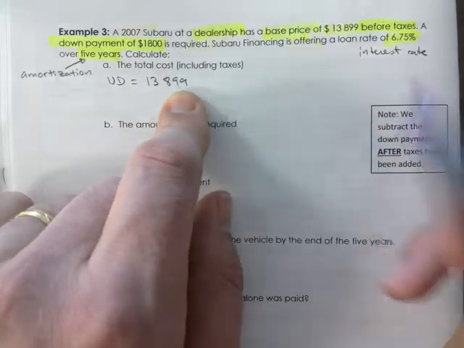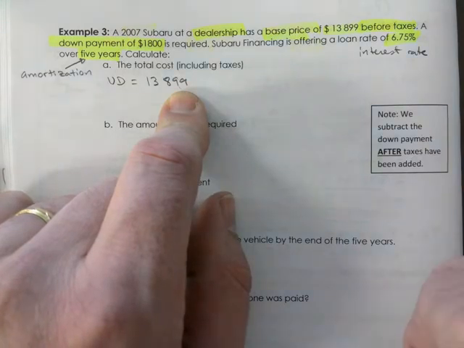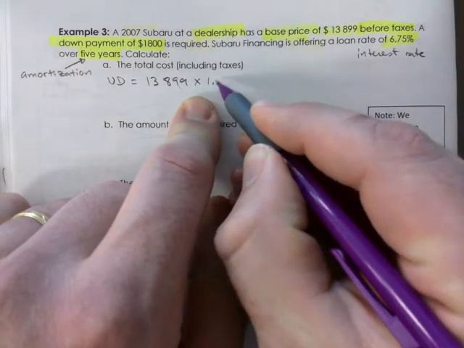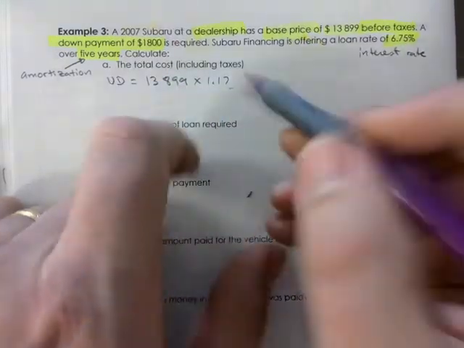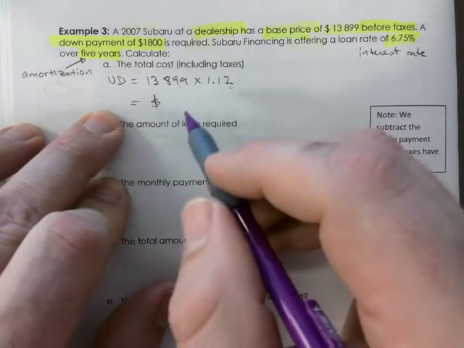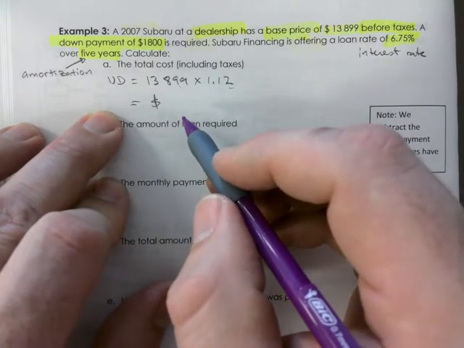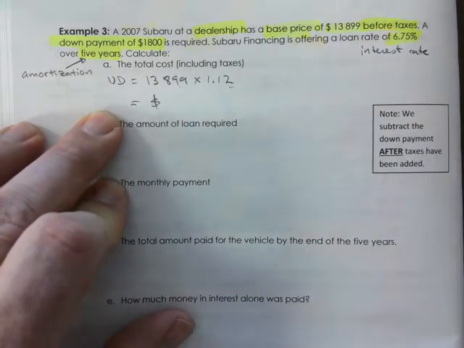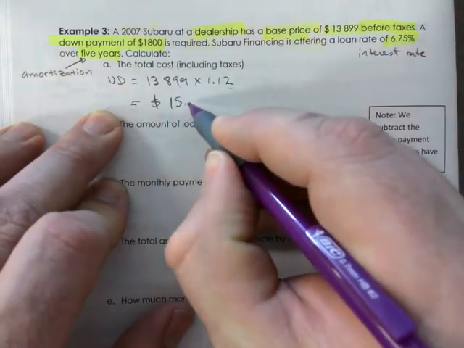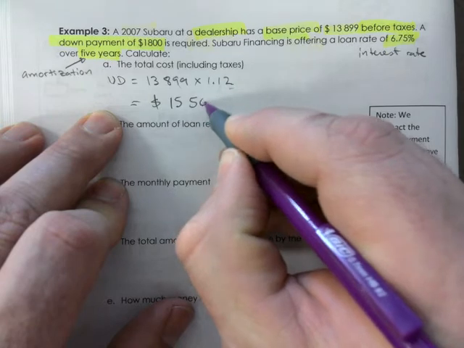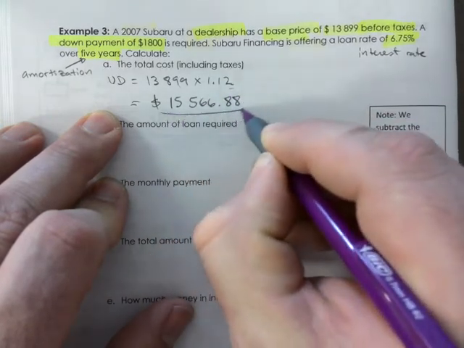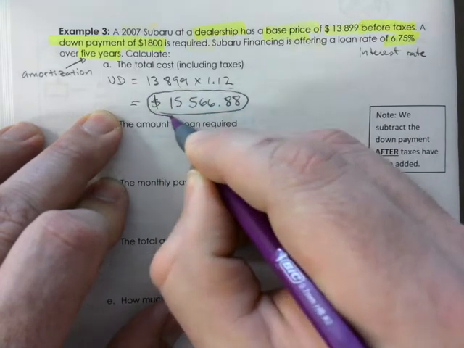There is no trade-in, no safety, no parts and labor, no lien search, nothing. So it's basically just this times 1.12. And so we have that is 15,566.88. This is what the question is asking after tax.